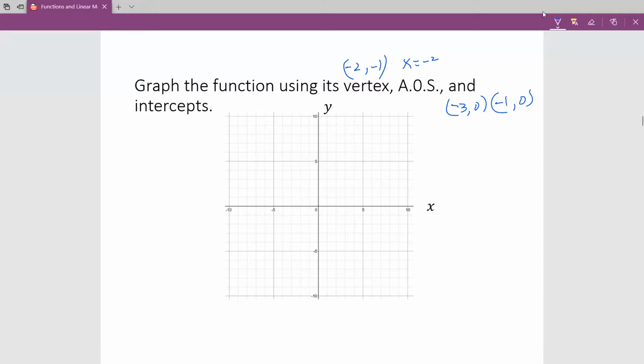And the y-intercept is 0 and 3. So putting all this together, our y-intercept is 0 and 3. The vertex is minus 2 and minus 1. And that would be right about here.